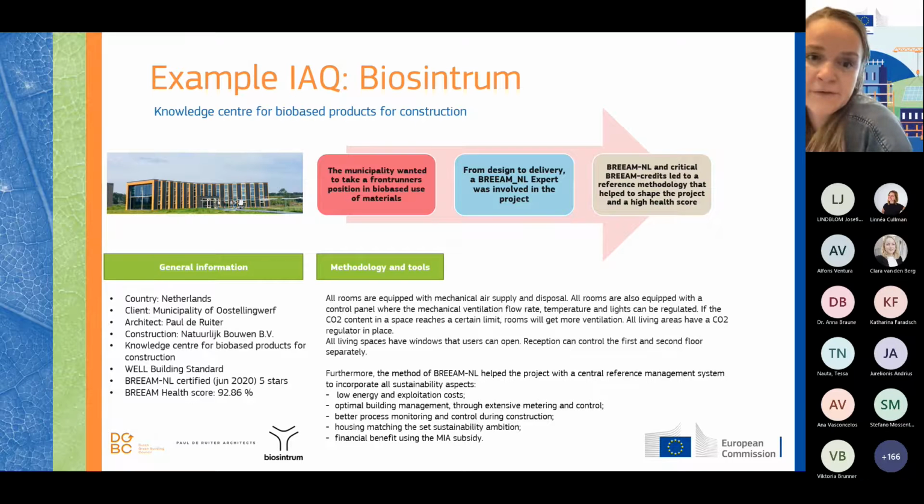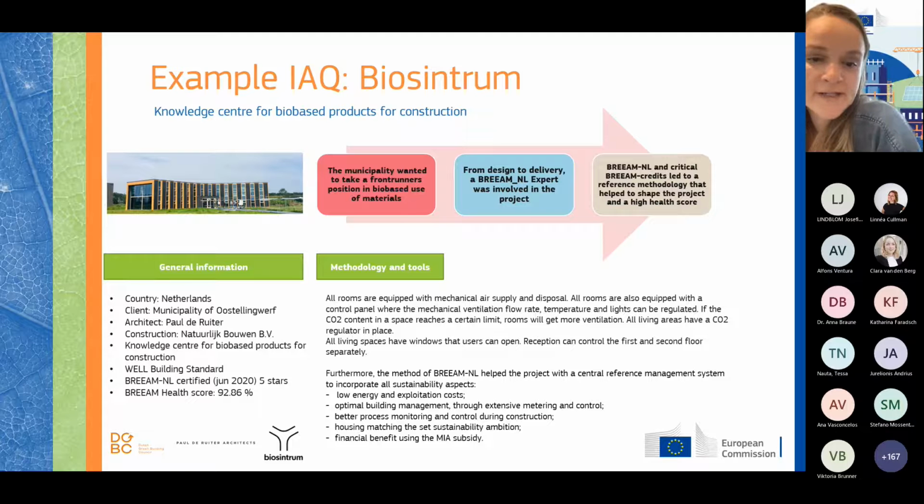It's a knowledge center for bio-based products for construction, and they really took BREEAM and especially health as an important objective. And the BREEAM NL experts took the certification scheme as a starting point. And what you saw there is that all different aspects came out pretty well. So it is a really nice, healthy building to be in.